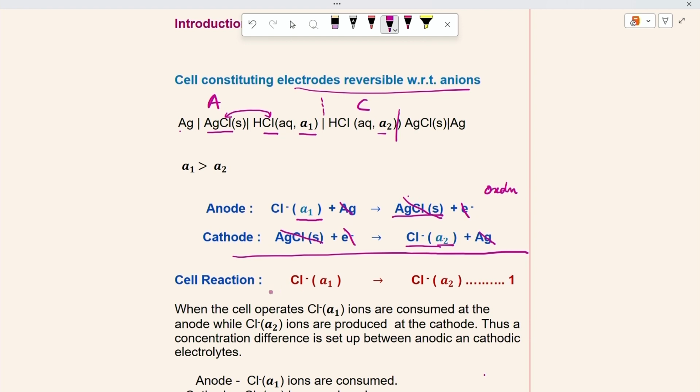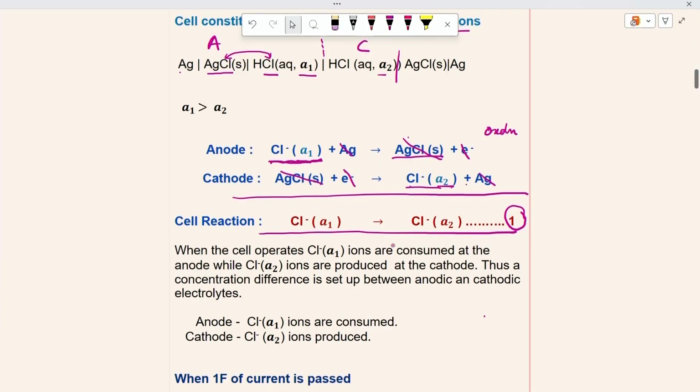And the final equation will be Cl minus of activity A1 giving Cl minus of activity A2. That is what is written here. Cl minus of activity A1 gives Cl minus of activity A2. I am representing this as equation number 1 because this is one of the reactions occurring within the cell during the operation of the cell.